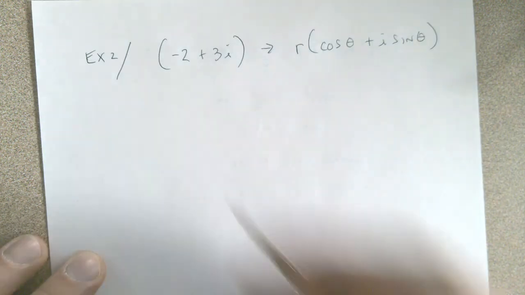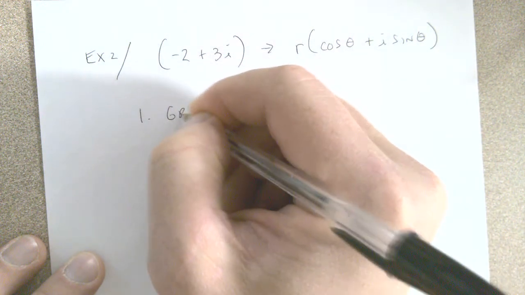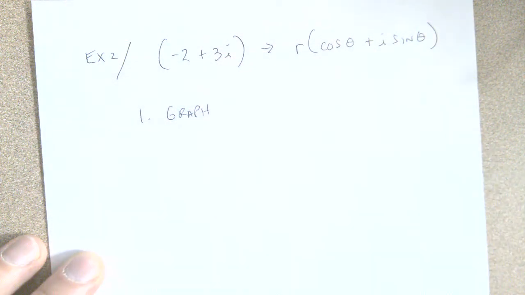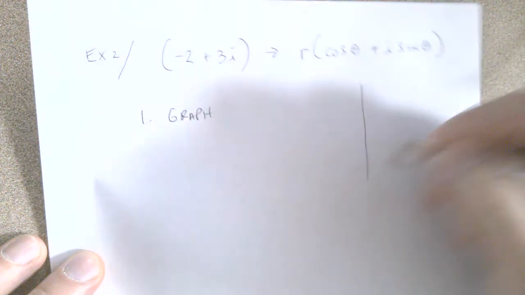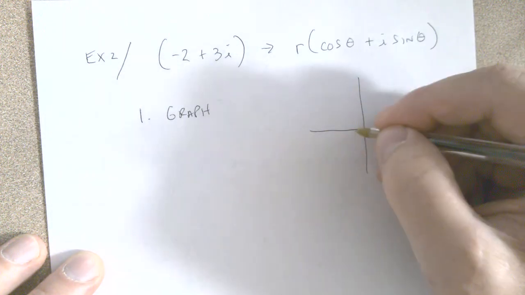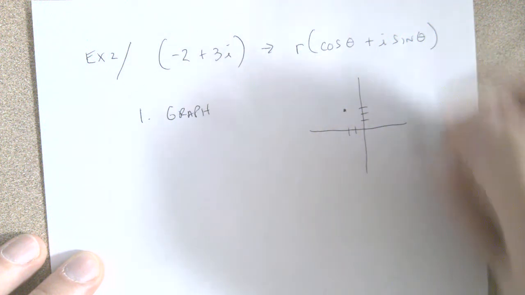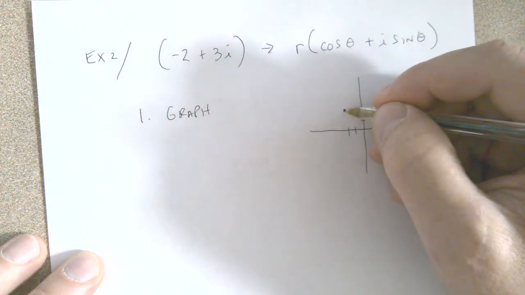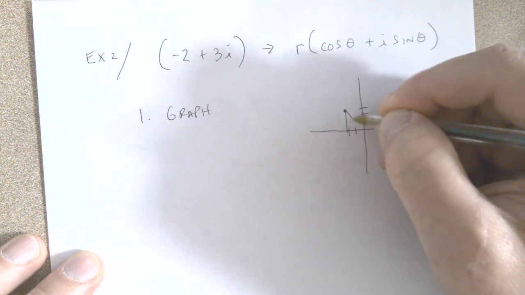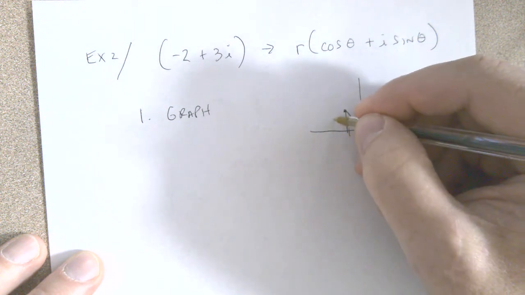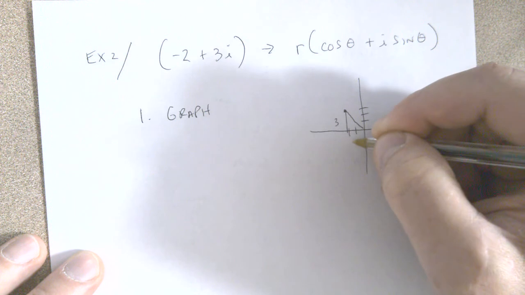I'll go through the first part of this with you, because on this one we're graphing and it's not in the first quadrant. So we plot the point negative 2, 3. This is going to be 3, and this is going to be negative 2.